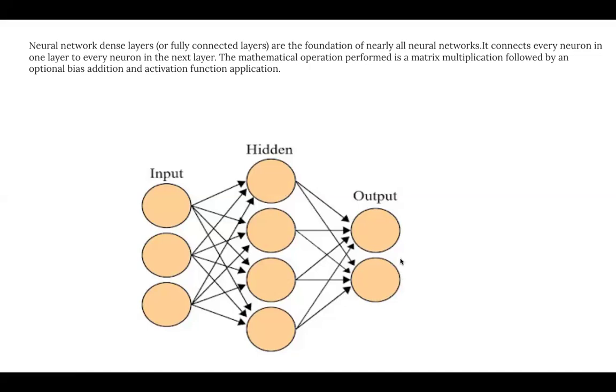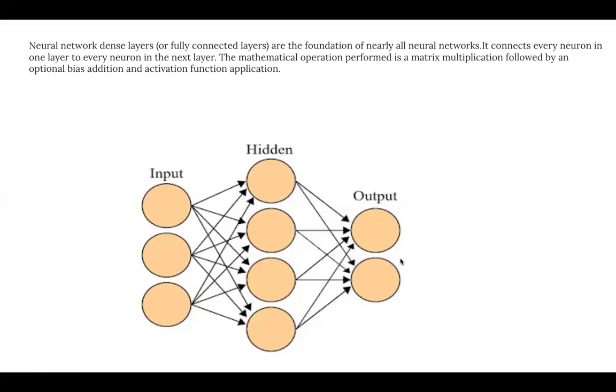So it's nothing fancy. You will have multiple dense layers, and in a sequential model, you add one dense layer at a time. It's a very simple demo which will teach you the Keras sequential API.